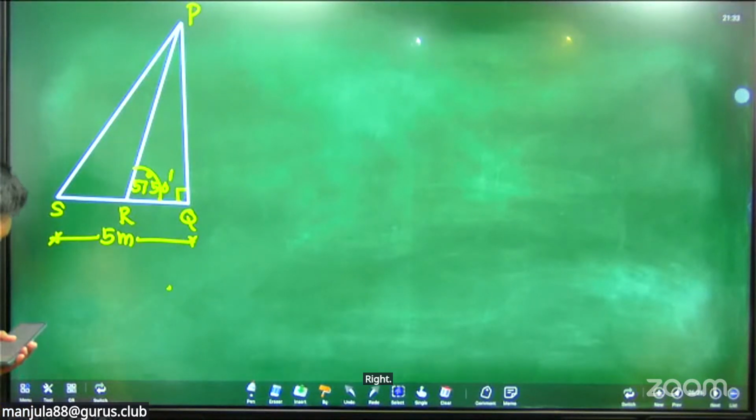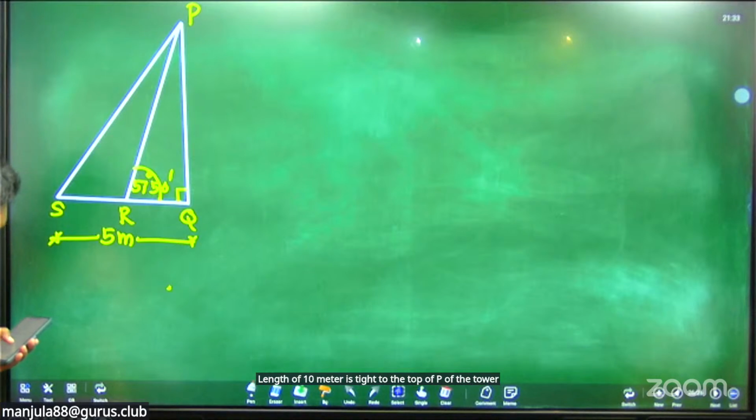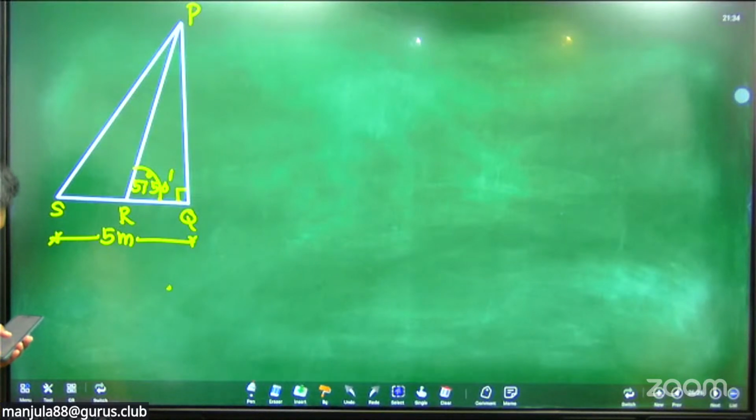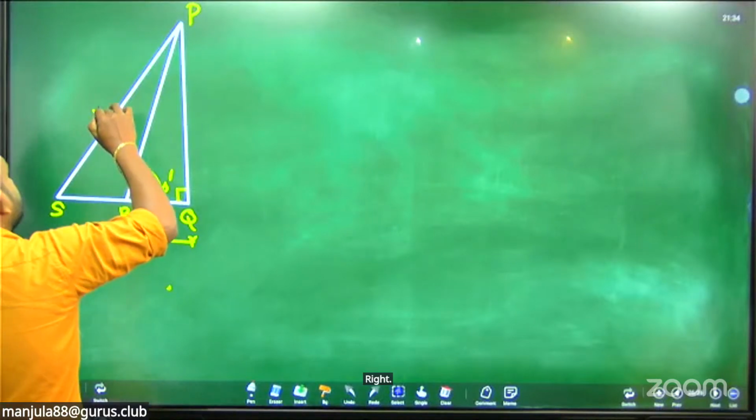A wire of length 10 meters is tied to the top P of the tower. So this is 10 meters given.